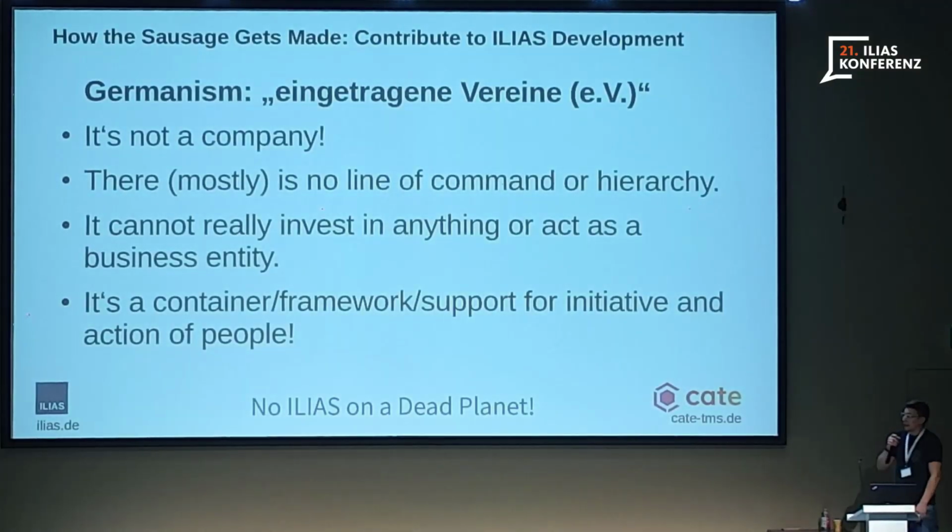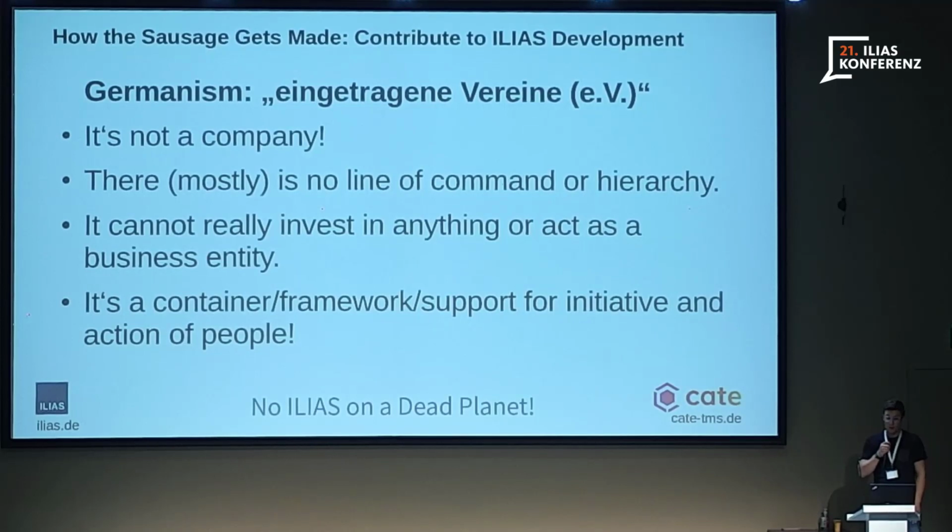So what is an e.V.? It stands for eingetragener Verein. It means registered society. So we have a register in Germany, so you can register your society, then you are an e.V. And it's important to note that an e.V. is not a company. I noticed that problem already with people from Switzerland, that they think an e.V. might work like a company, but it does not.